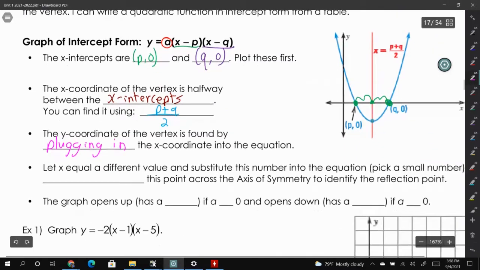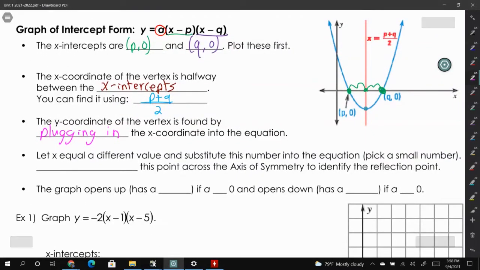and then you want to pick another number, preferably a small number and a number easy to work with, to find out another point on our parabola, and then we're going to reflect that. So let x equal different values, substitute that number into the equation, and then you're going to reflect this point across the axis of symmetry.